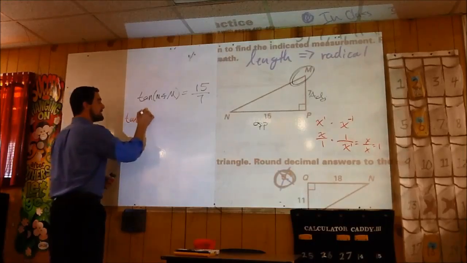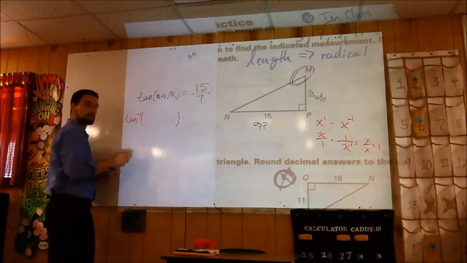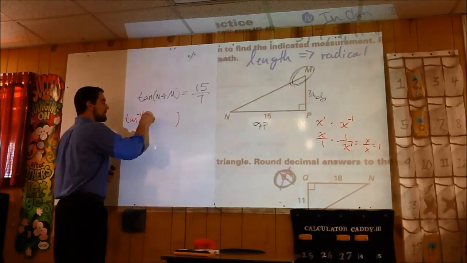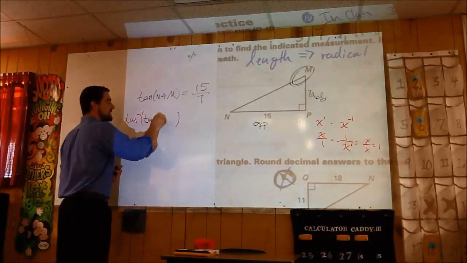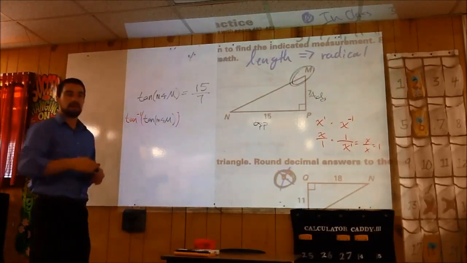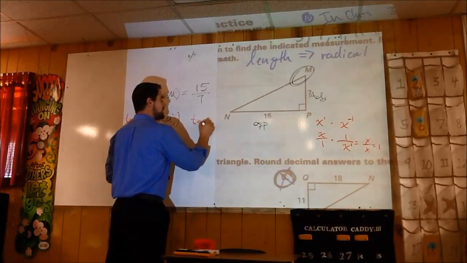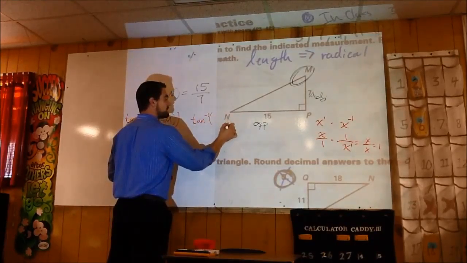And this denotes that we're taking the inverse. And we have to take the inverse tangent of the entire left-hand side of the equation. And whatever you do to one side of the equation, you must do to the other.